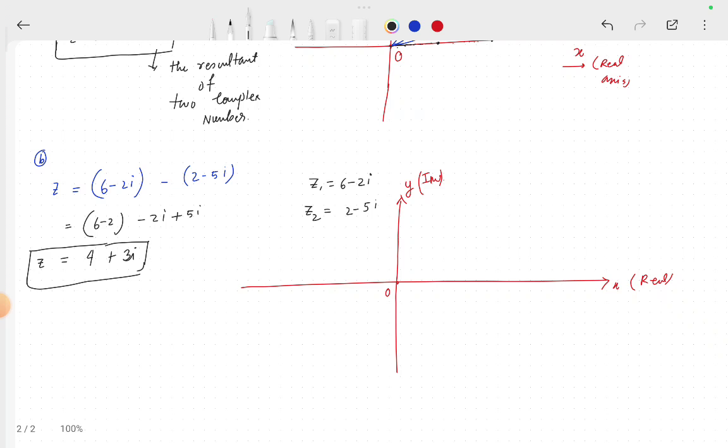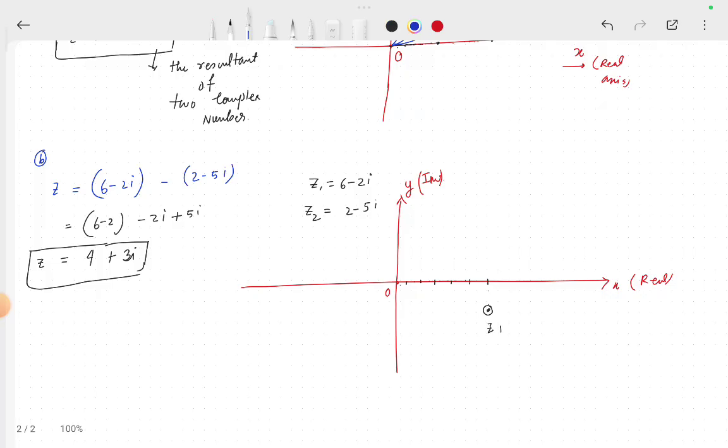It goes in the real axis 6 units: 1 unit, 2, 3, 4, 5, 6 units, and it goes in the negative imaginary axis 2 units. So this is the point, and that is Z1.